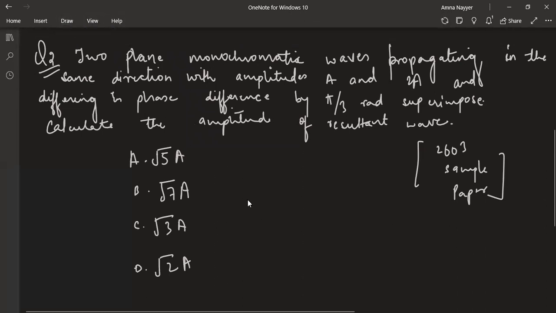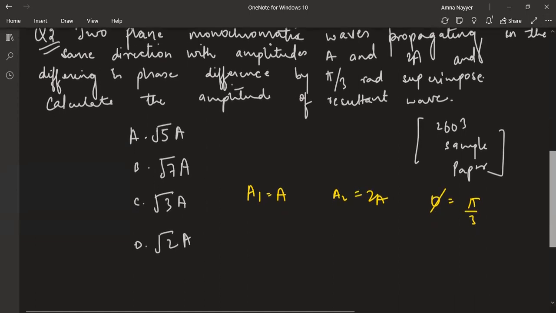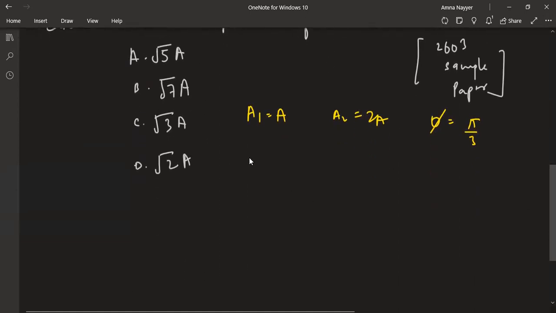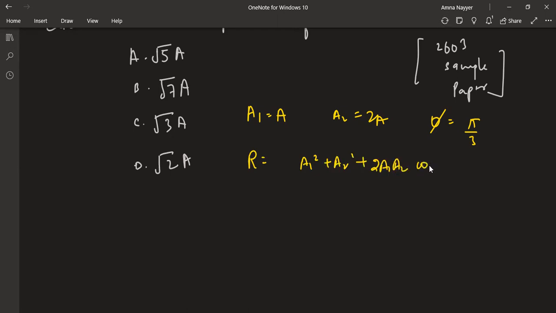You have A1 as A, A2 as 2A. The phase difference is pi by 3. So the equation of the resultant amplitude is root of A1 square plus A2 square plus 2A1 A2 cos phi.